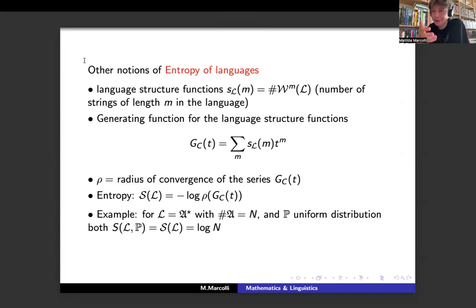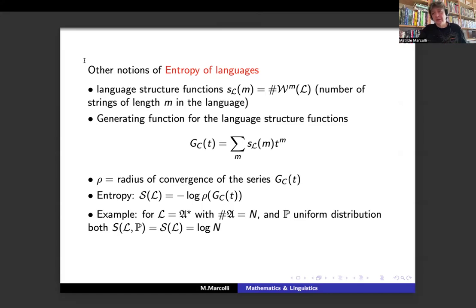The generating functions associated to formal languages have very interesting properties. For example, for context-free languages, you can get interesting information about the context-free grammars that can generate the language on the basis of the corresponding generating functions and their behavior. There are famous results of Chomsky-Schützenberger about that.